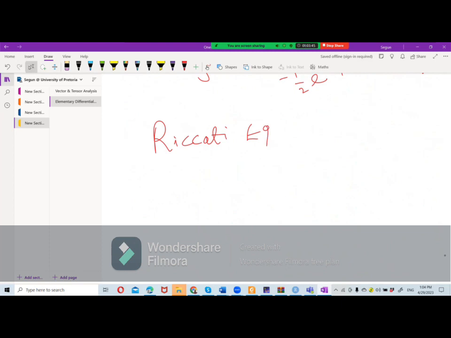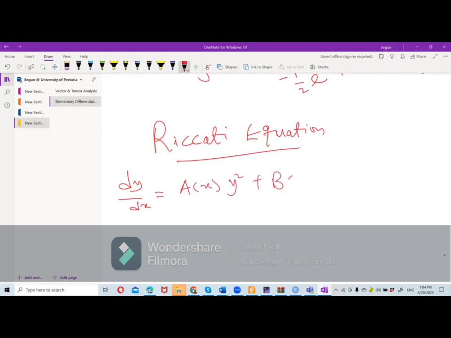The Riccati equation is a first order ordinary differential equation in the form dy/dx equals a of x times y squared plus b of x times y plus c of x.